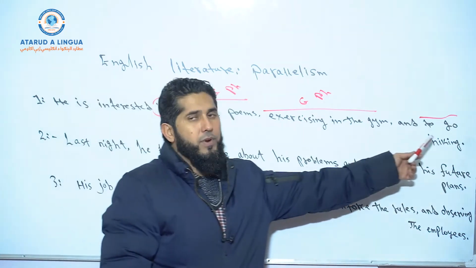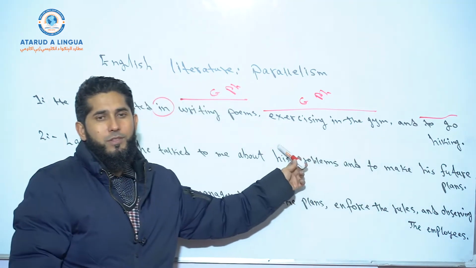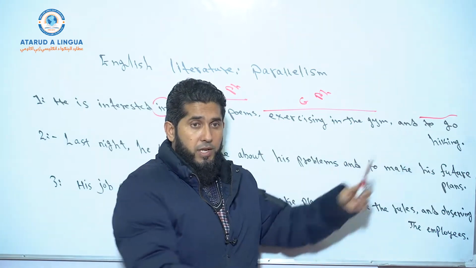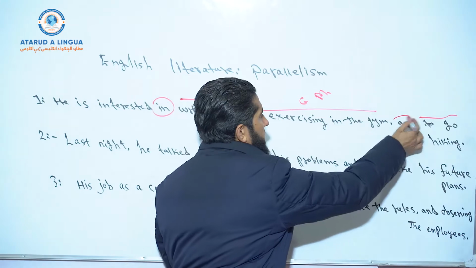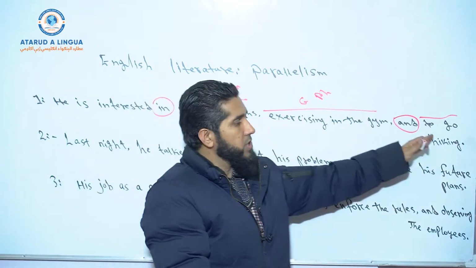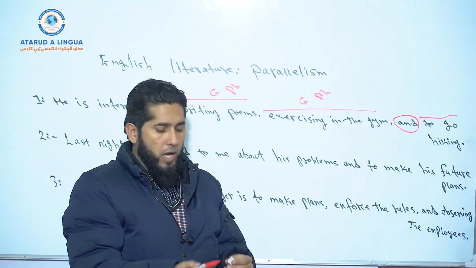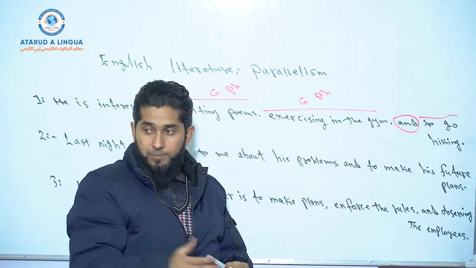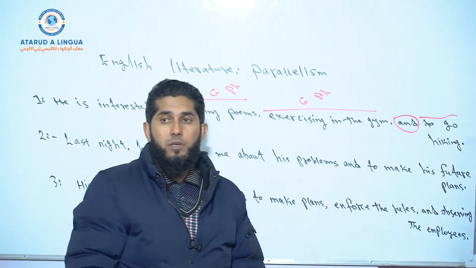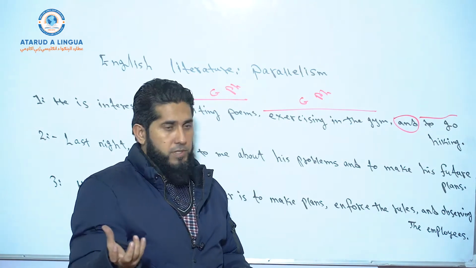So an infinitive phrase doesn't go with gerund phrases. Before this conjunction and, we have a gerund phrase. And after the conjunction, we have an infinitive phrase. So how can we correct it? We should change this infinitive phrase into a gerund phrase.